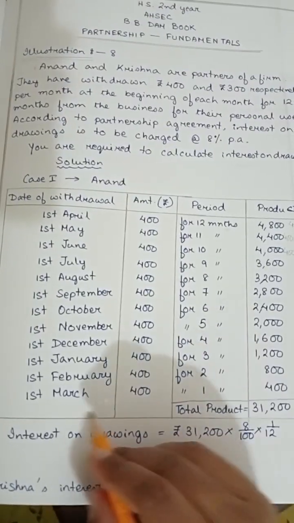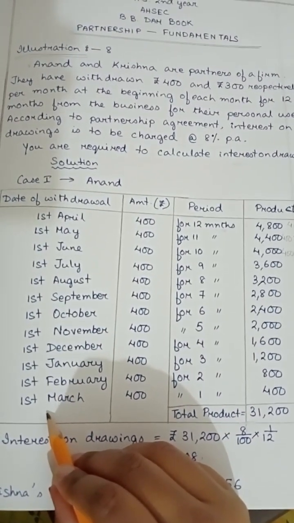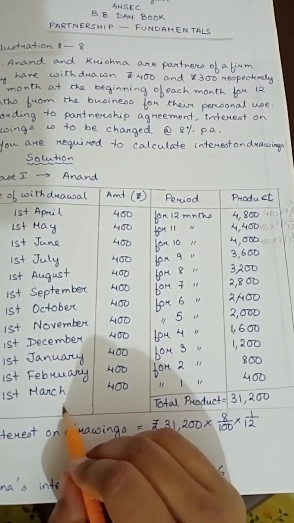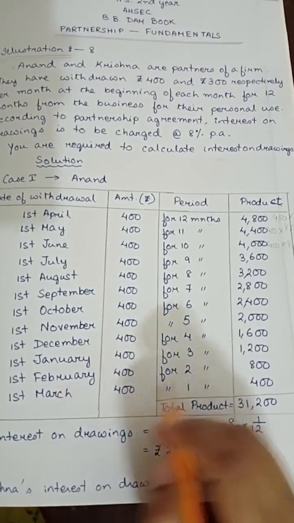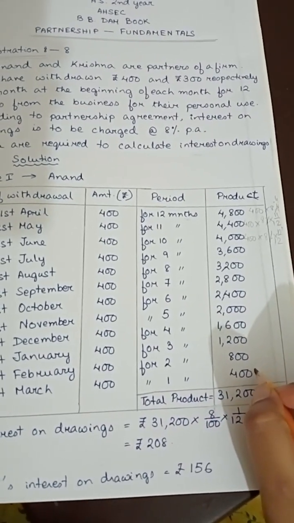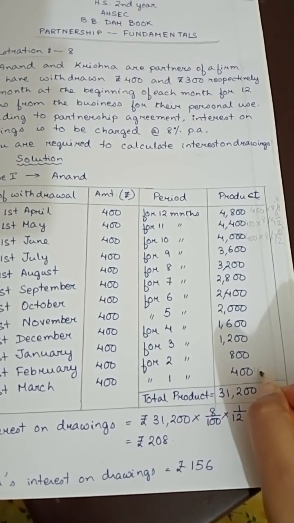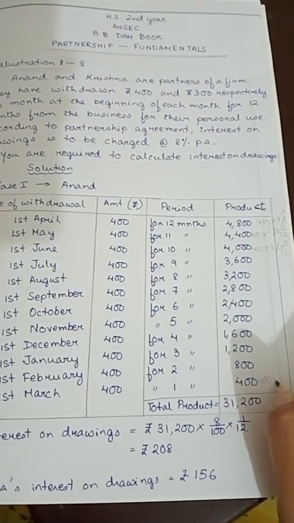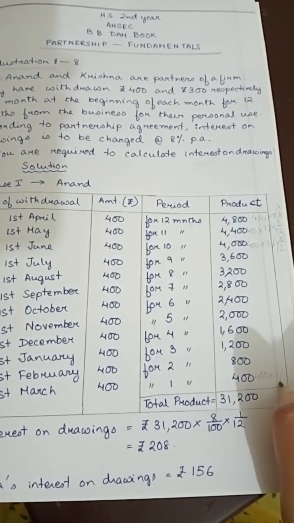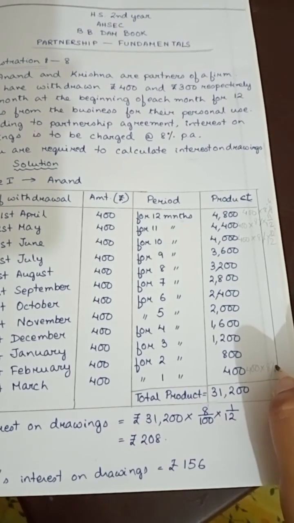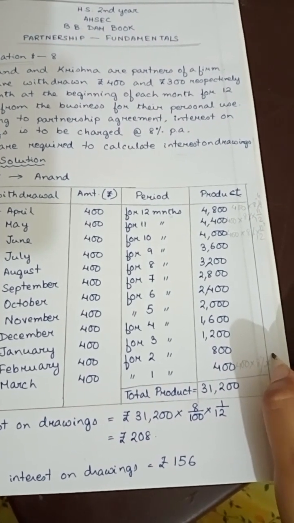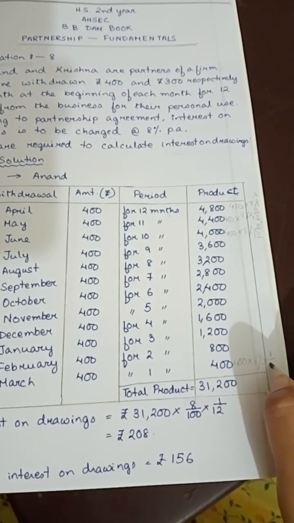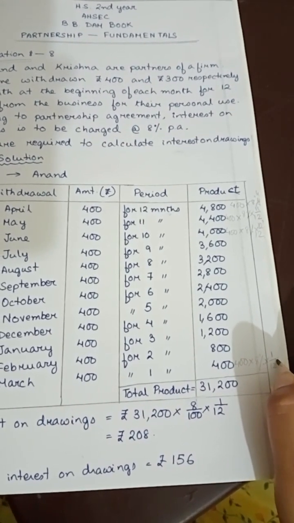And at the last, that is the 1st March, year ending, there is drawings of rupees 400 into 8% into, for how many months? It is for only 1 month, so 1 by 12.